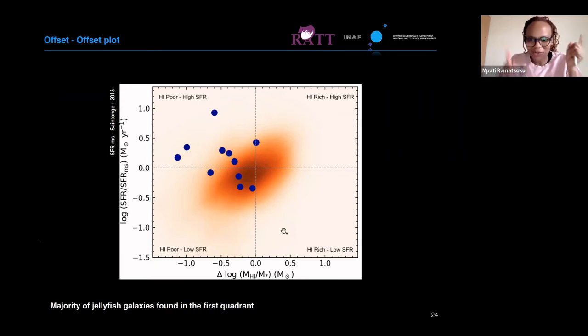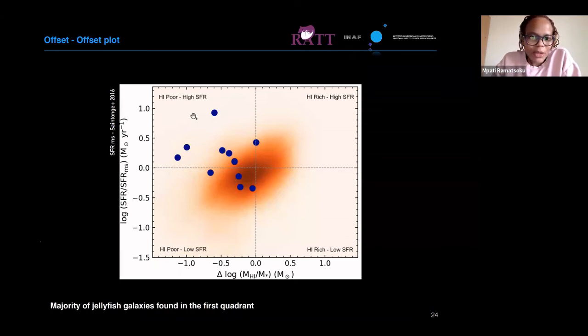And once again, I will repeat, in a normal universe where we have complete and great data, all the galaxies would just lie here in the center. Well, the majority of them do. And what we find is that indeed, for H1, lots of the long-tailed galaxies lie in this first quadrant here, which we call the H1-poor, high star formation rate quadrant.